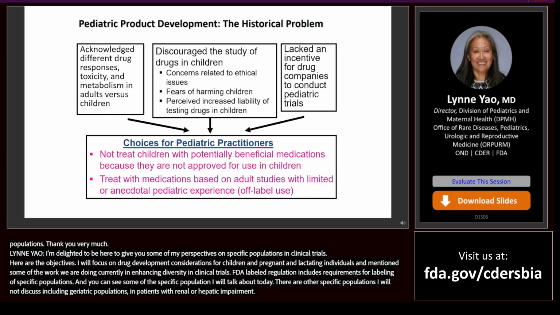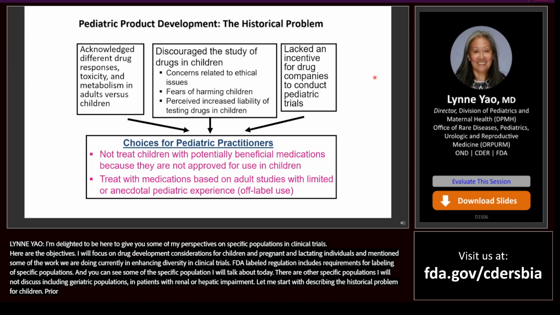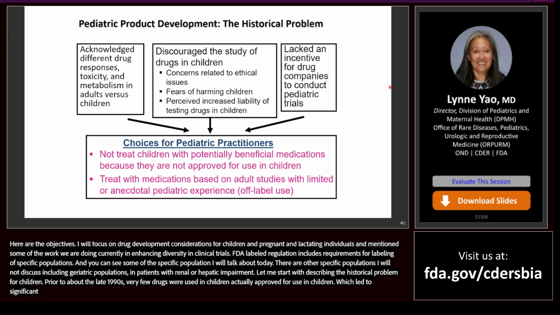So let me start this section with describing the historical problem for children. Prior to about the late 1990s, very few drugs that were used in children were actually approved for use in children, which of course led to significant off-label use. Why was this the case?